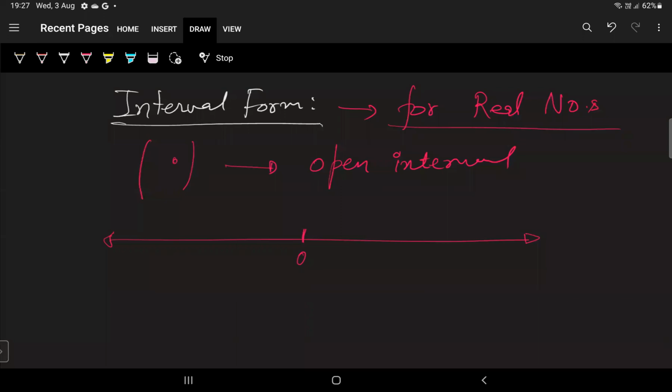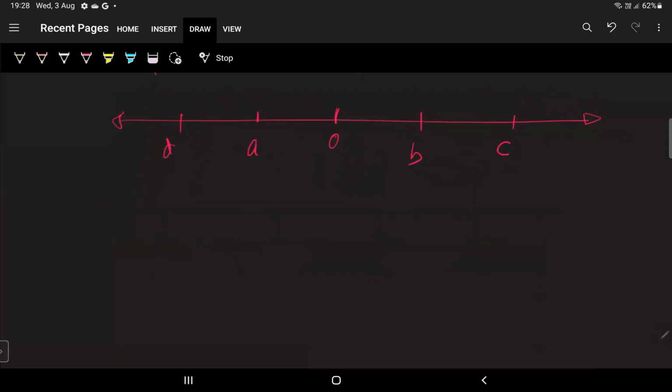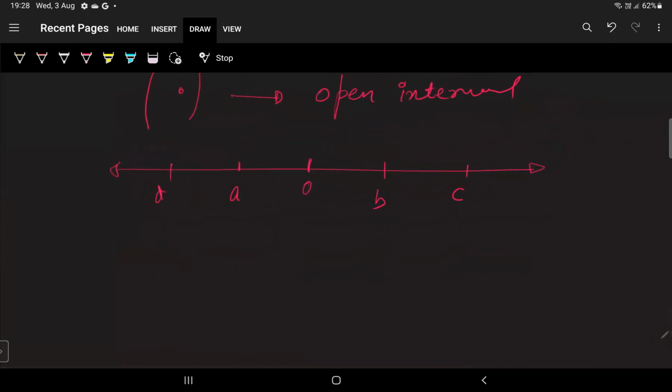Okay. So suppose you have an interval you have to write between A to B. It can be anywhere. Let's write C here, let's write D here. It doesn't matter. So when we are writing open bracket A to B, the meaning is all the numbers in between, and A and B are real numbers by the way.